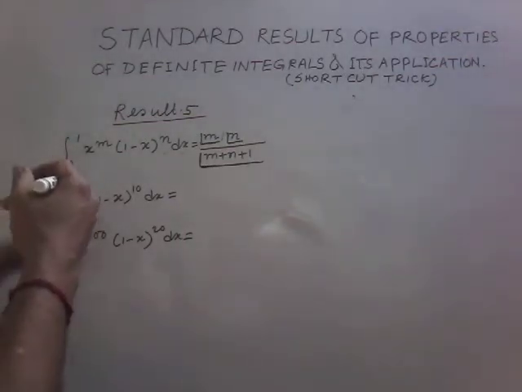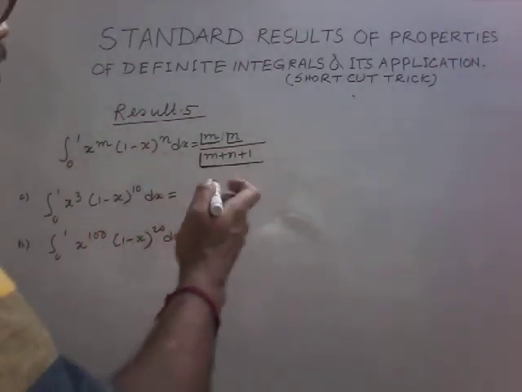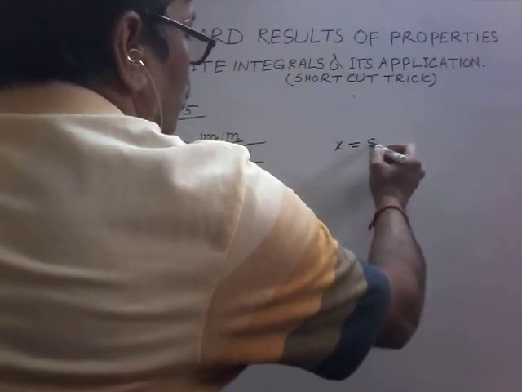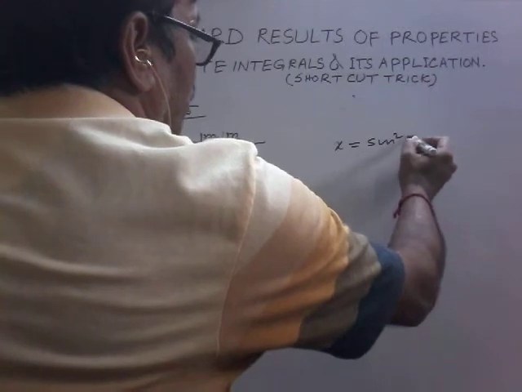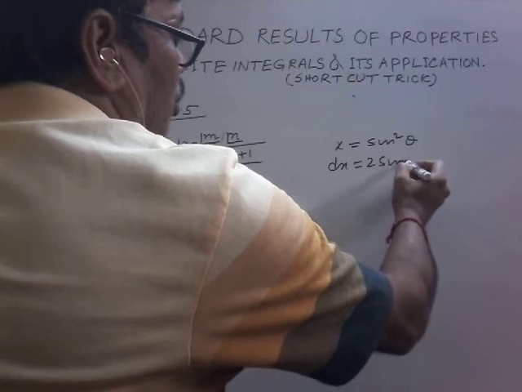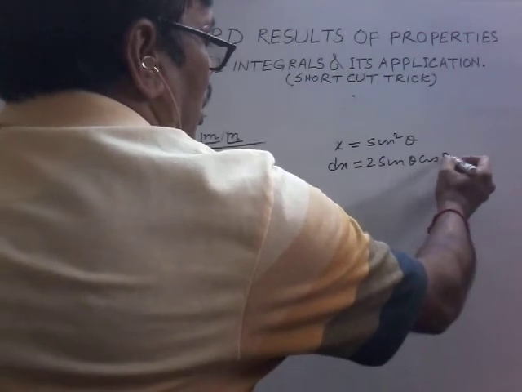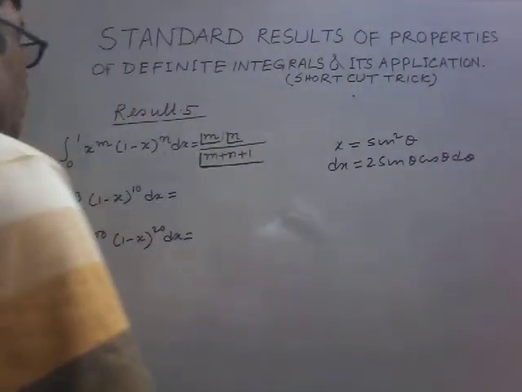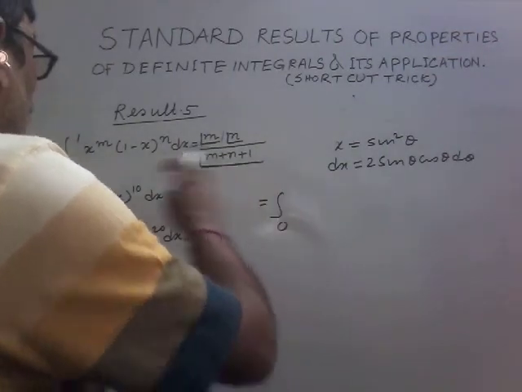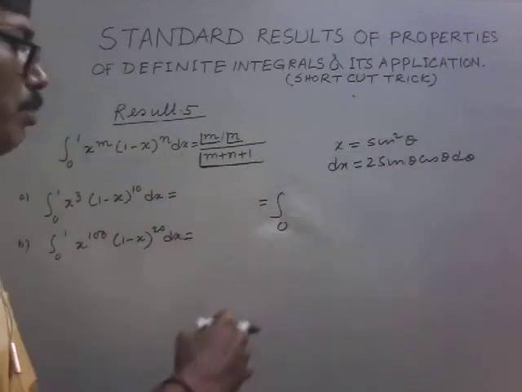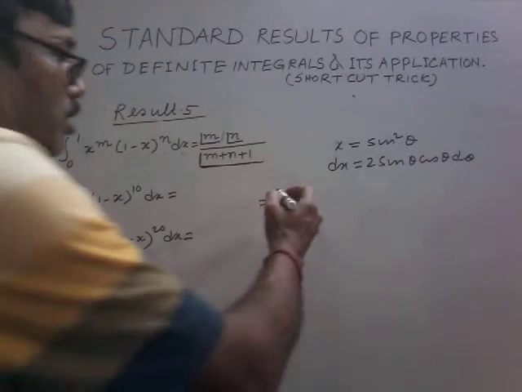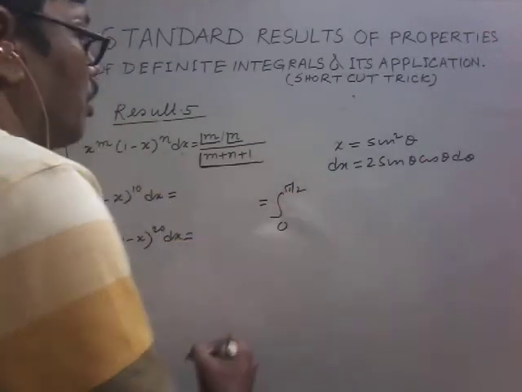To prove it, you have to put x equals sine square theta. So what is dx? 2 sine theta cos theta d theta. For x equals 0, theta equals 0. For x equals 1, theta is pi by 2.